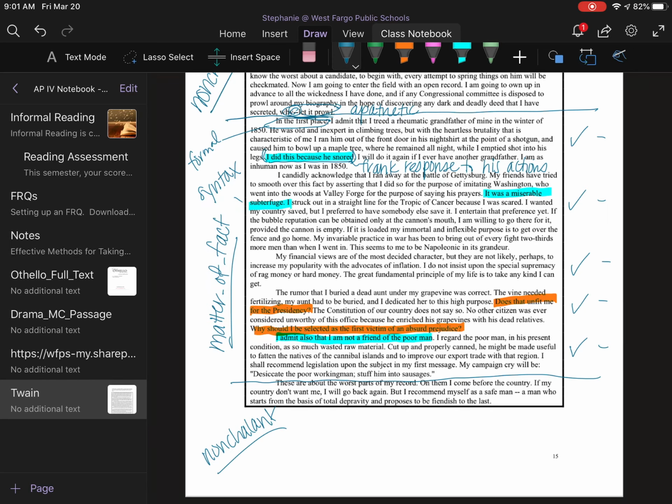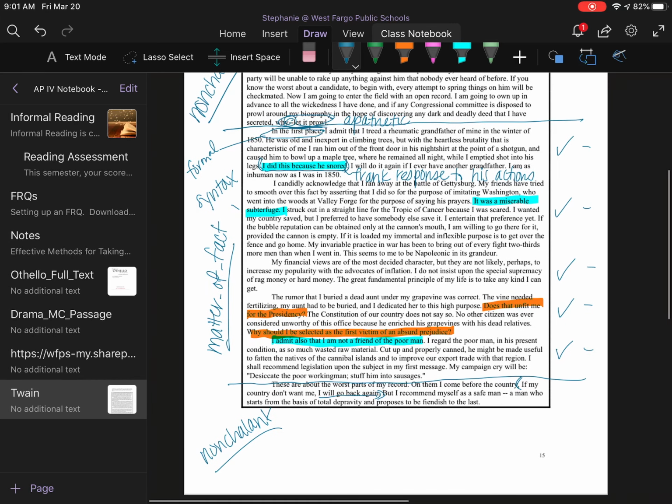And the reason being is this sentence right here in particular. It says, if my country don't want me, I will go back again. That is syntax because it's using if-then structure. But what makes it nonchalant is that he's basically arguing that he would be unfazed if he didn't get the presidency, which as we know, if someone is running for president, they do really, truly want the presidency.